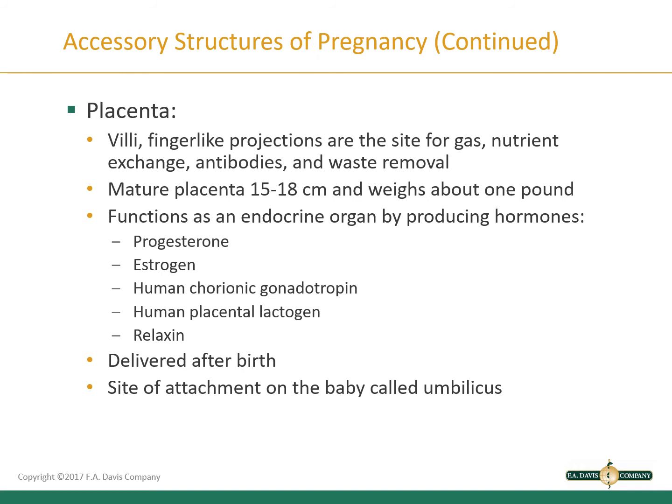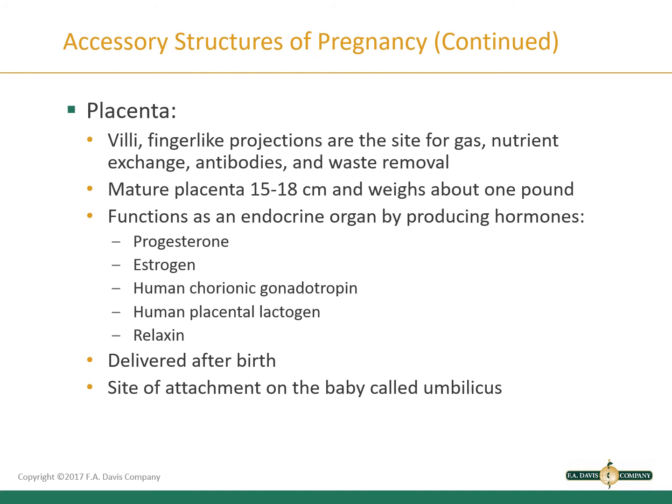So the other main function of the placenta is acting as an endocrine gland, which is a gland that secretes hormones directly into the blood, acting as a regulator for the body. The placenta secretes many different hormones into the bloodstream to support the pregnancy and the fetal growth.